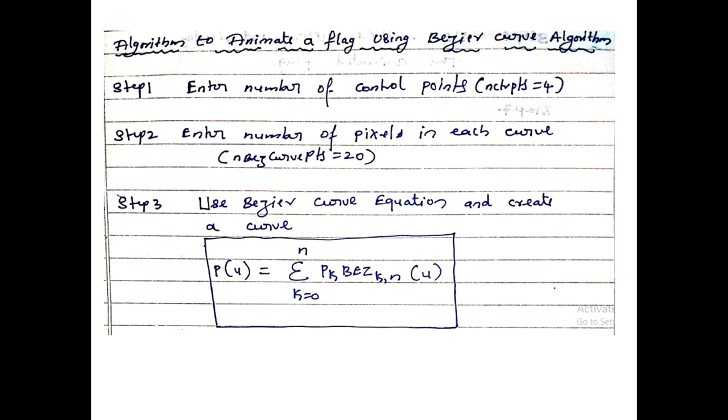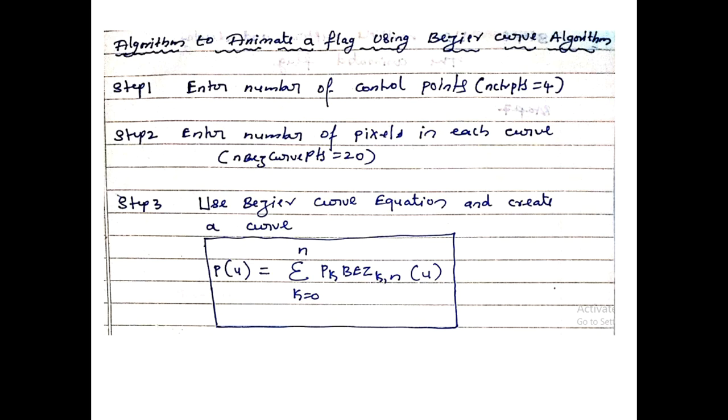Then the algorithm says that step 1 is the user or programmer has to enter the number of control points. As per our lab program, in the program we wrote, we are considering four control points.